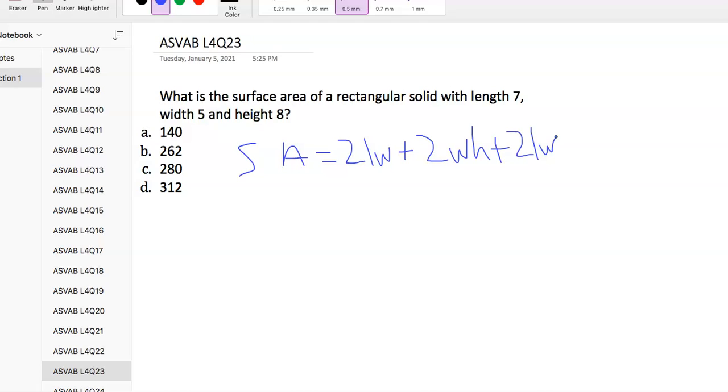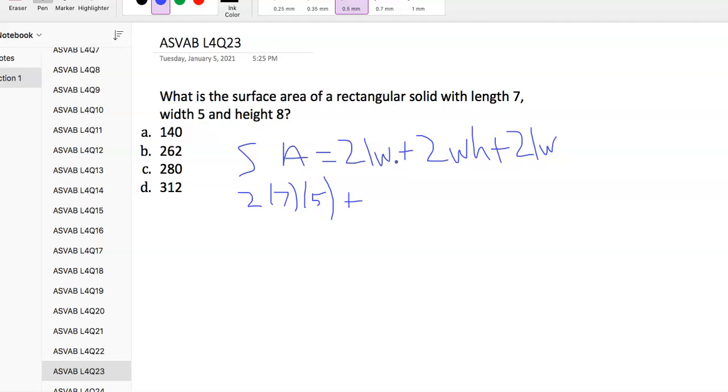Okay, so in this question they say length is 7, width is 5, height is 8, and then we just got to plug those numbers in. So we would have 2 times 7 times 5 plus, right, and that's just because length is 7, width is 5, right?